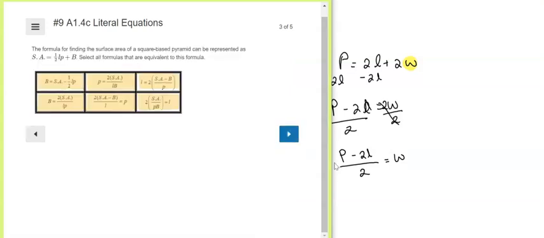Okay, this problem says to select all the formulas that are equivalent to this. These two formulas have B, solve for B. Basically what they did here was subtract 1/2 LP from SA, so that one is definitely equivalent.